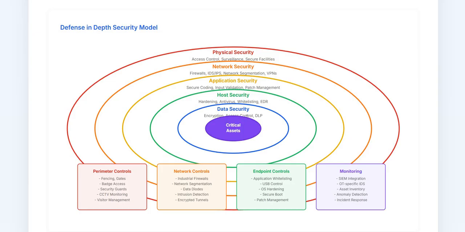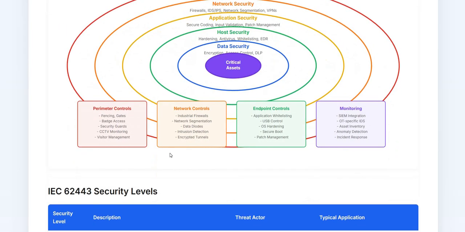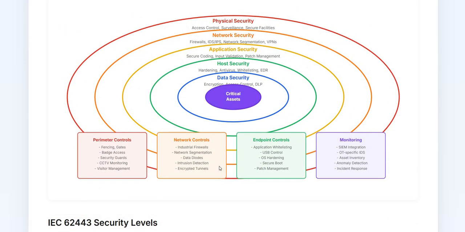At the core sit assets that must remain stable and trusted for operations to continue. Supporting all layers are perimeter controls, network controls, endpoint controls, and monitoring. Logs, detection systems, inventories, and response processes close the loop.